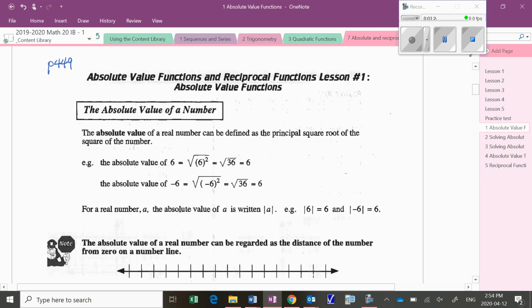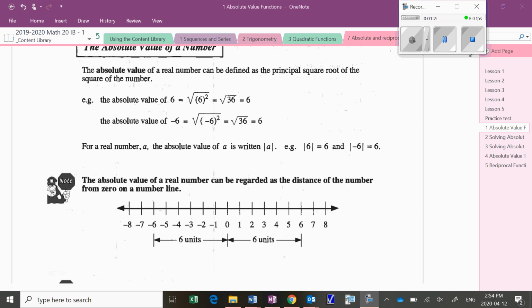Okay, so if we take a look at this little policeman here, our math cop, to me, this is probably a little bit easier to understand. So the absolute value of a real number is the distance of the number from 0 on a number line. So how far is negative 6 away from 0? It's 6 units away.